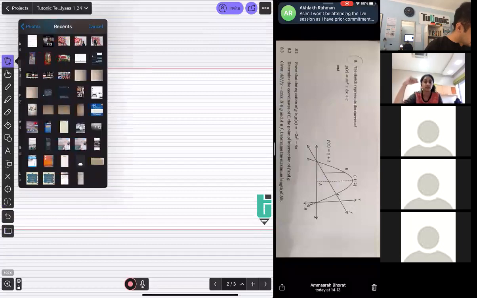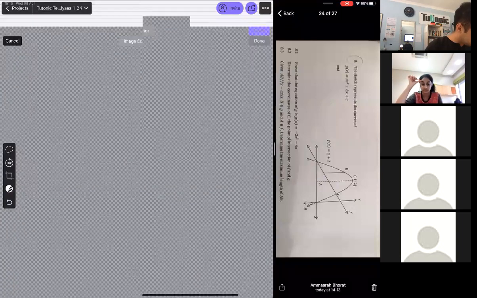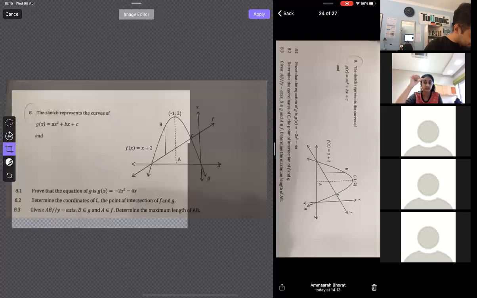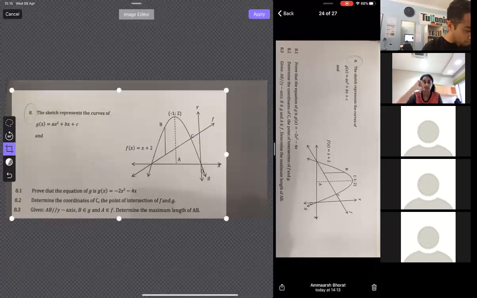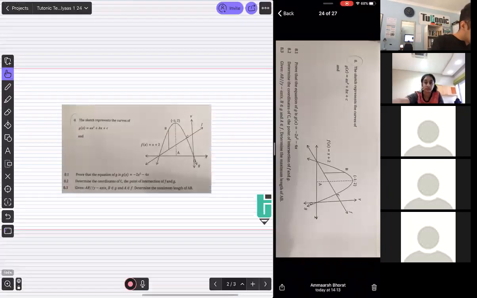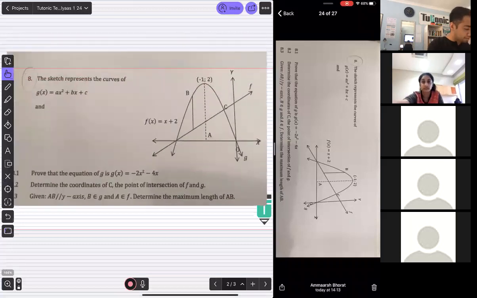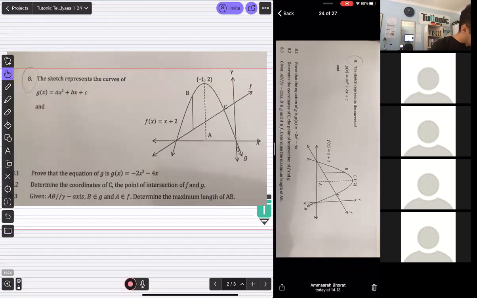So let's start with Amaro's question. The sketch represents the curve ax squared plus bx plus c. This is a parabola, which we know because it's got ax squared plus bx plus c.